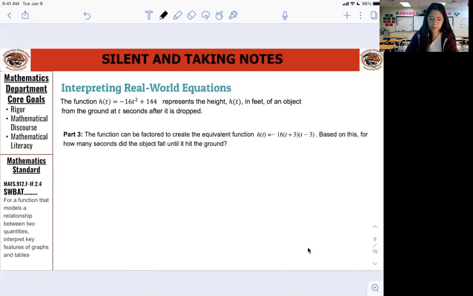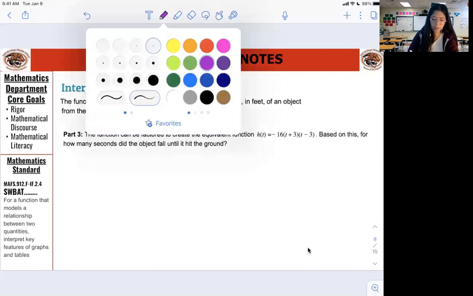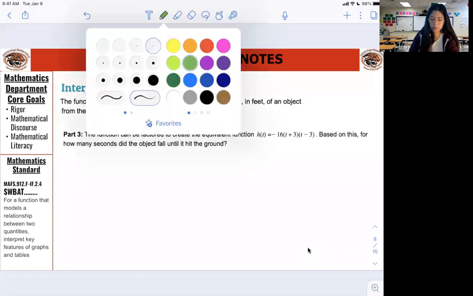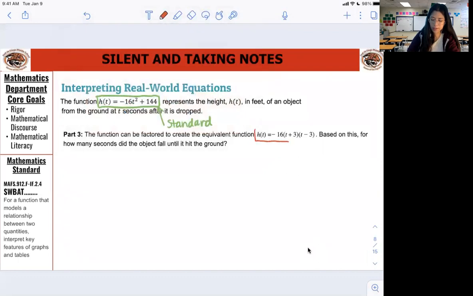So basically they said, okay, we take this original function. What form was this originally in again? Standard form. And they turned it into an equivalent function. What form is this one in?